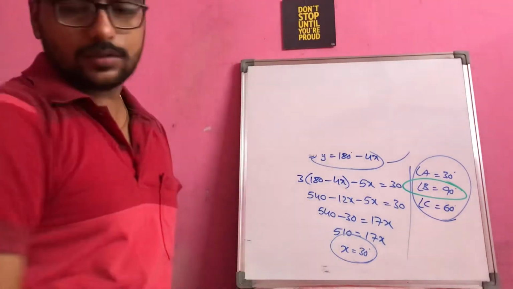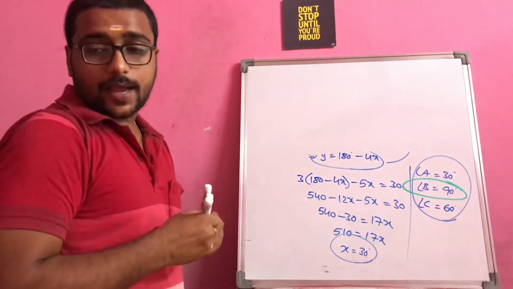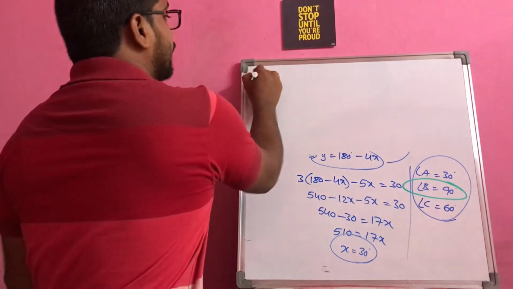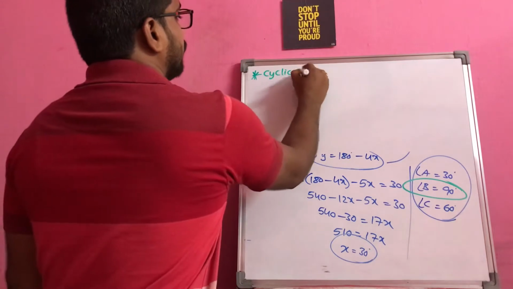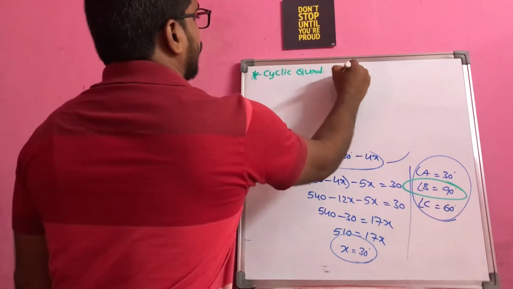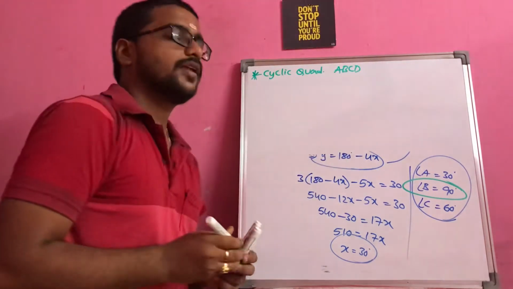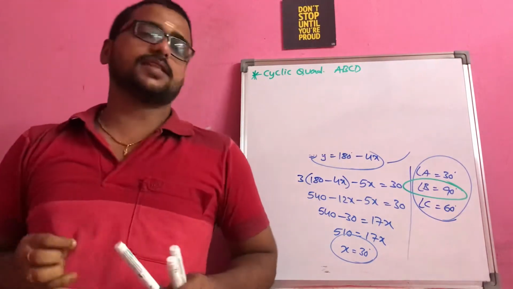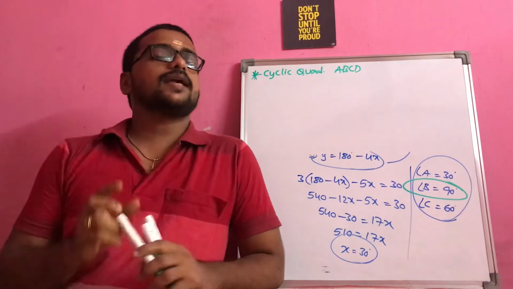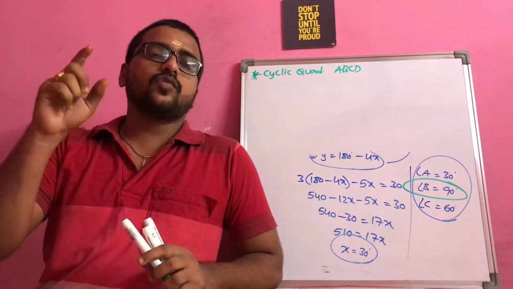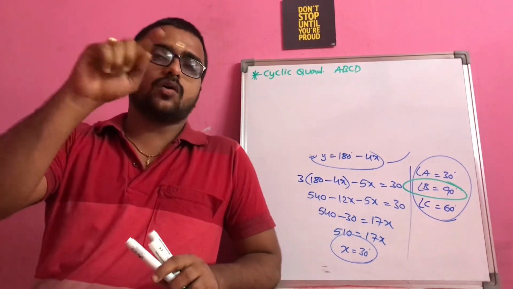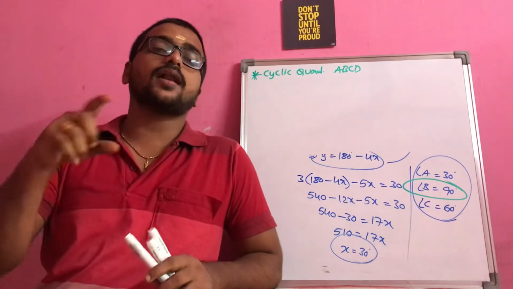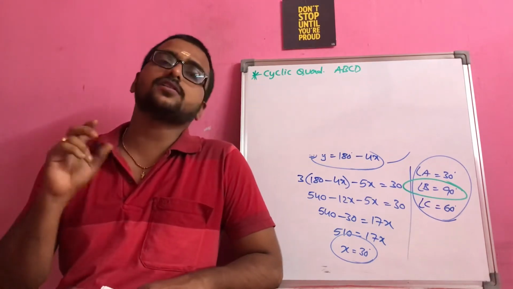See the next question. Find 4 angles of a cyclic quadrilateral ABCD. You remember this cyclic quadrilateral? In your class 9 you learned this. A cyclic quadrilateral is the quadrilateral where all the 4 corners or the 4 vertices are lying on the circumference of a circle.